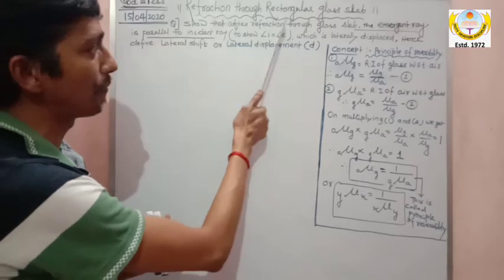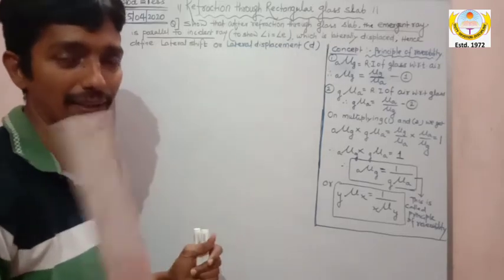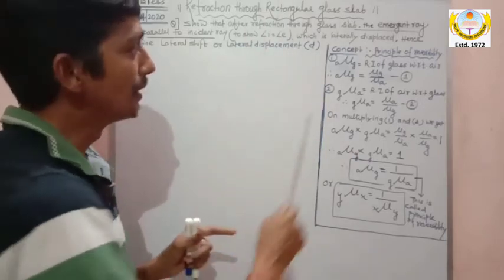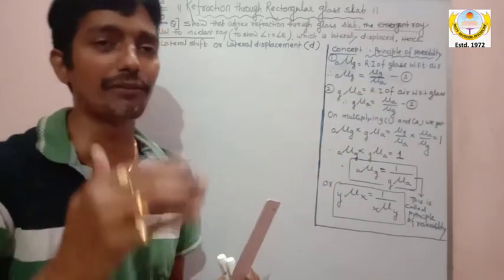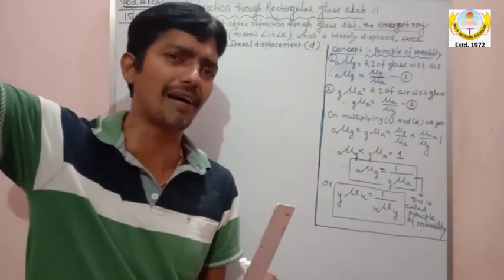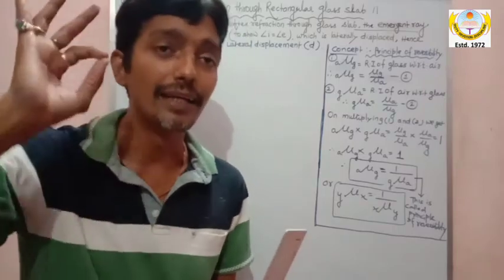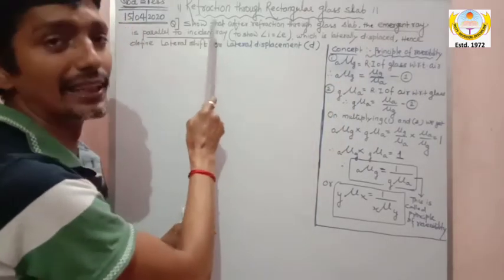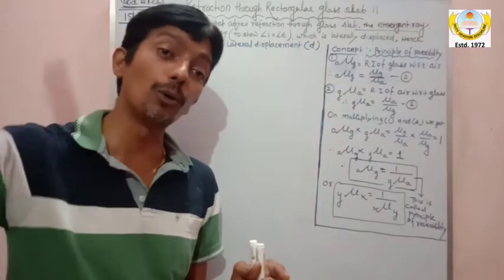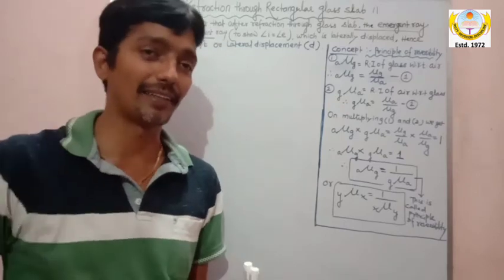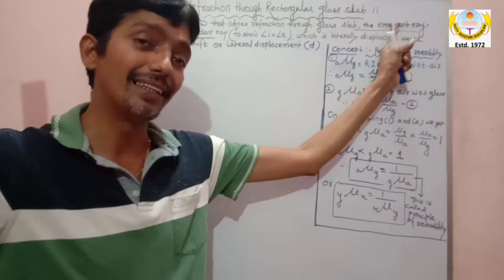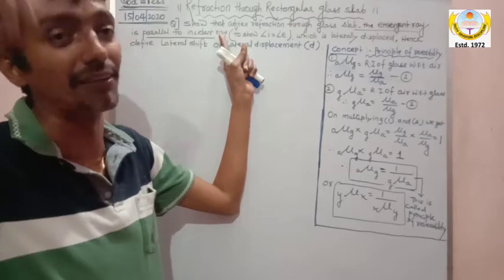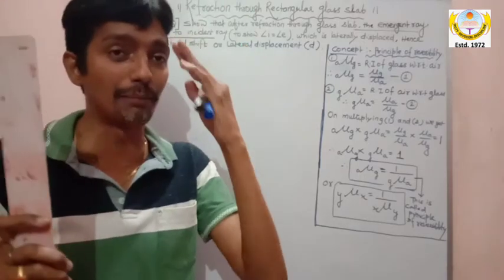Show that after refraction through a glass slab, the emergent ray, that is the final refracted ray, is parallel to the incident ray, the original ray. Both are parallel. Just imagine, such a fabulous question.